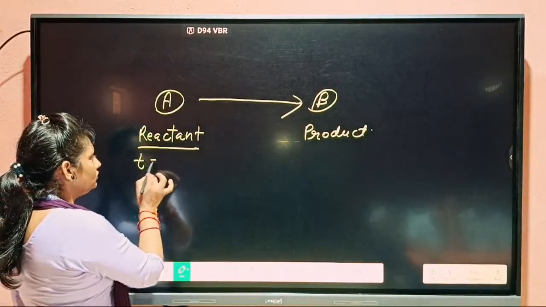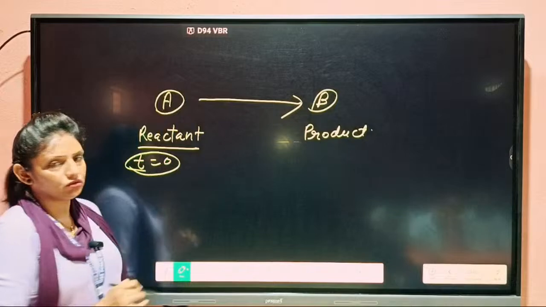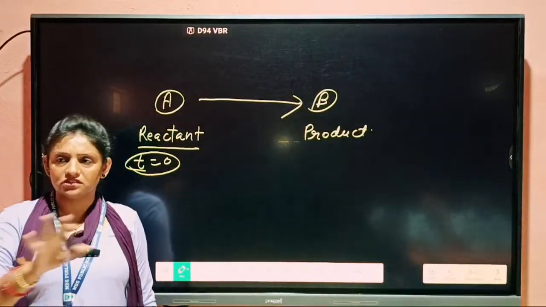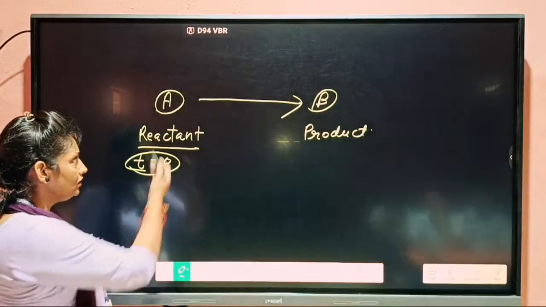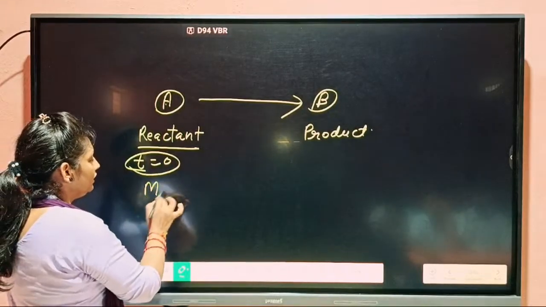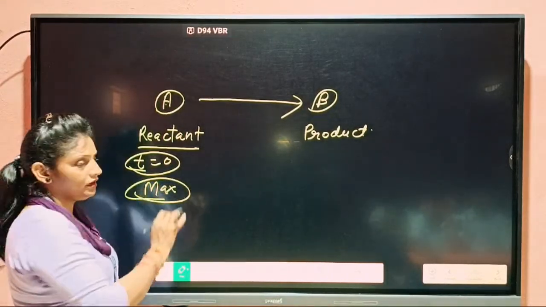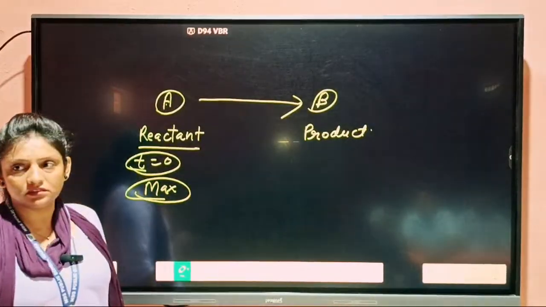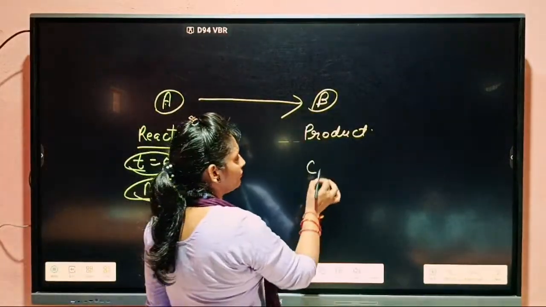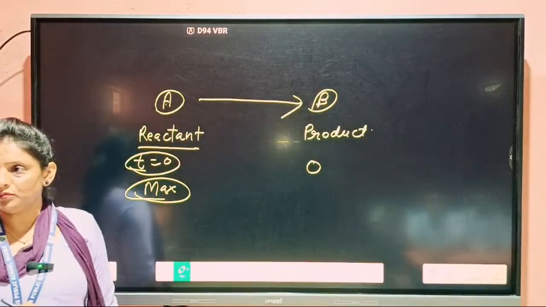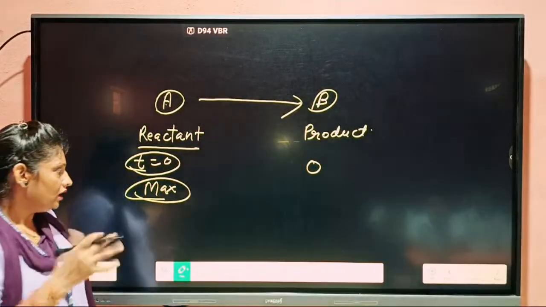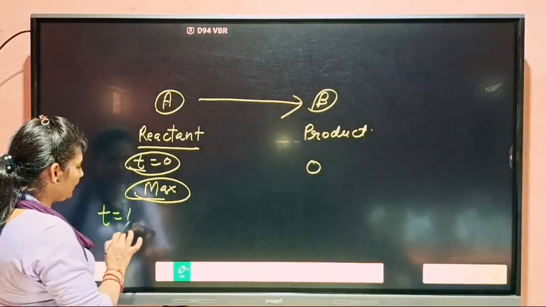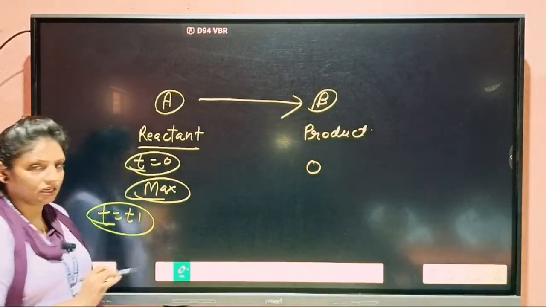So here what will happen? At time 0, when the reaction has not started, the reactant will be at maximum, but because the reaction has not started yet, the product is 0. Now, at time T1, the reaction has started.